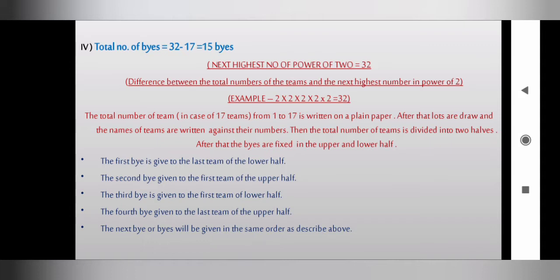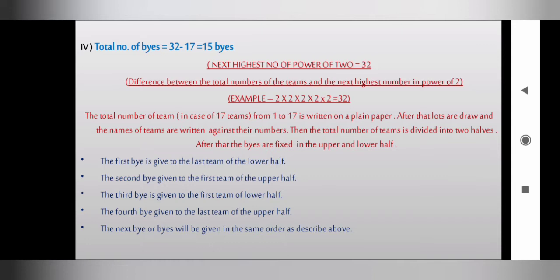The next line: in the case of 70 teams, the numbers from first to 70 are written on plain paper after the lots are drawn, and the teams are written against the numbers. Then the total number of teams is divided into two halves, and after that the byes are fixed in the upper half and lower half.